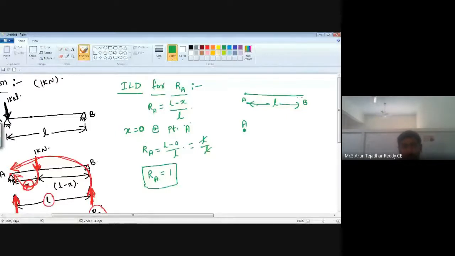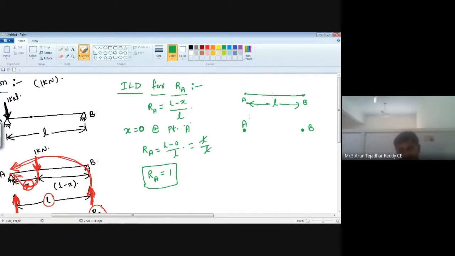Now, here we have a B point also. Our B point is acting somewhere here. So you can see from A to B. See, the initial point is already completed. Now the maximum point is B. What is the span of AB here?